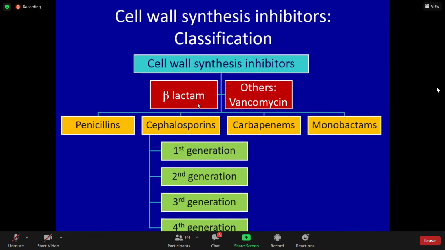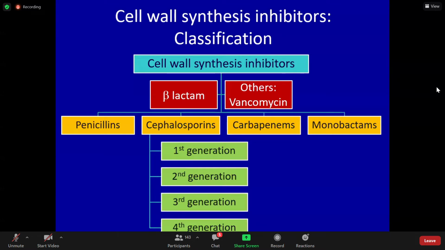Now, what does beta-lactam mean? It is the chemical structure, the functional group of the beta-lactam antibiotics, which gives the name to the whole class. I will show you the chemical structure of this whole class. All the drugs contain a beta-lactam ring, which confers the bactericidal activity.